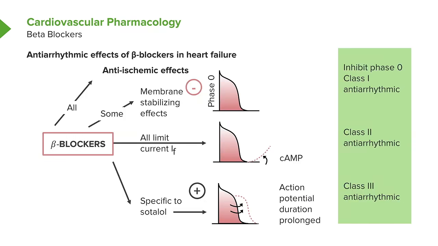Now, what about the so-called antiarrhythmic effects of beta blockers? We haven't talked a lot about arrhythmias. I remember I showed you the cardiogram with the P wave, the QRS, and the T. P wave being the atrial depolarization, the electrical depolarization, the QRS being the ventricular one. And that's the normal sequence of electrical activity passing through the heart.